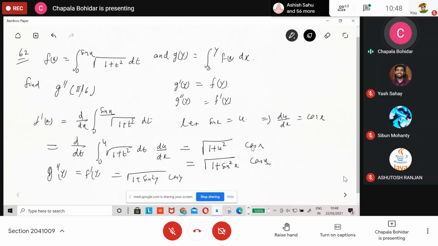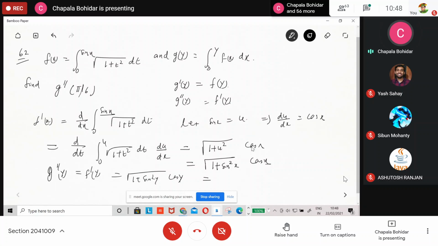So now put the value of y, pi by 6. Tell me what is the result? Root 15 by 4.